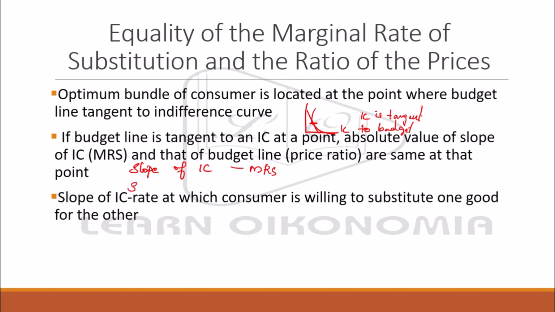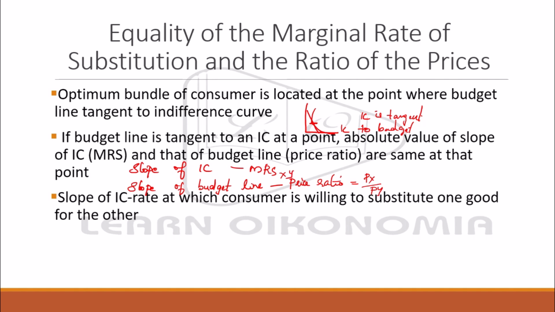And what is the slope of the budget line? The slope of the budget line is given by the price ratio, that is equal to Px by Py, isn't it? So here you have MRS XY.